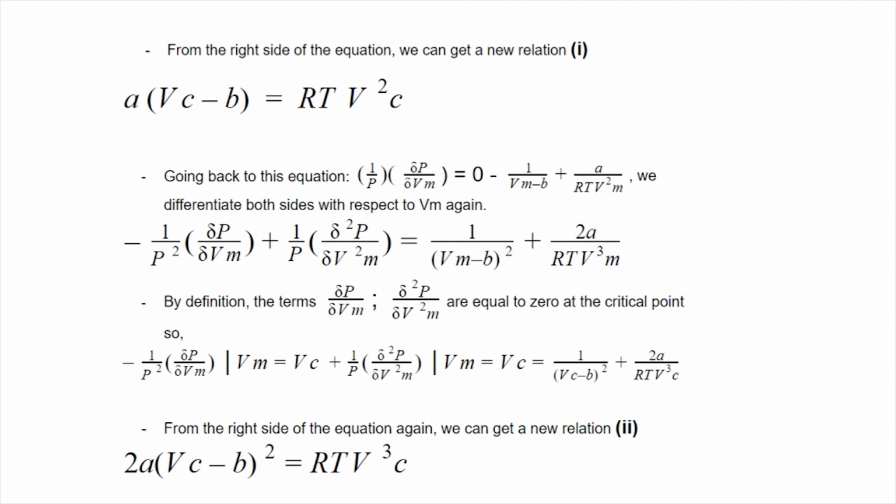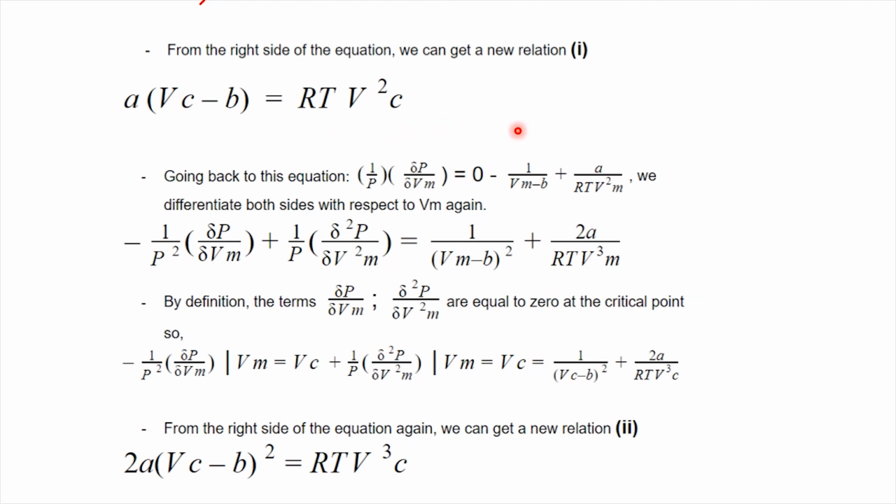So, by definition, this term is equal to 0. Now from the right side of the equation, we can get a new equation or relation, and we name this as equation 1, which is a times Vc minus b is equal to RT Vc squared.